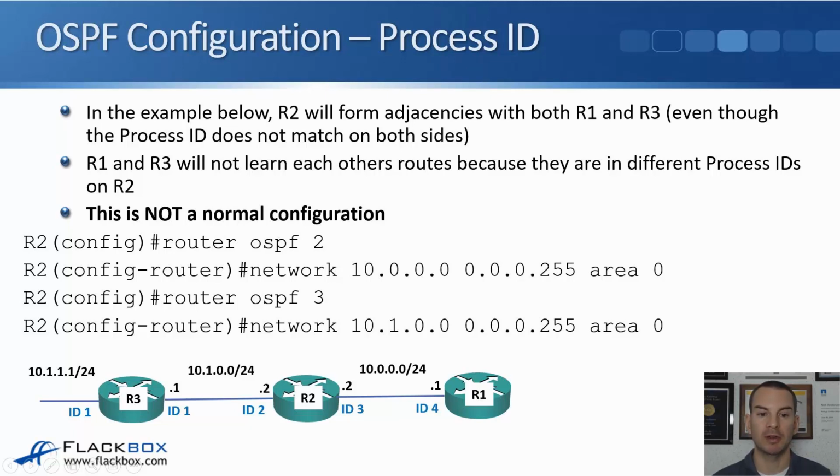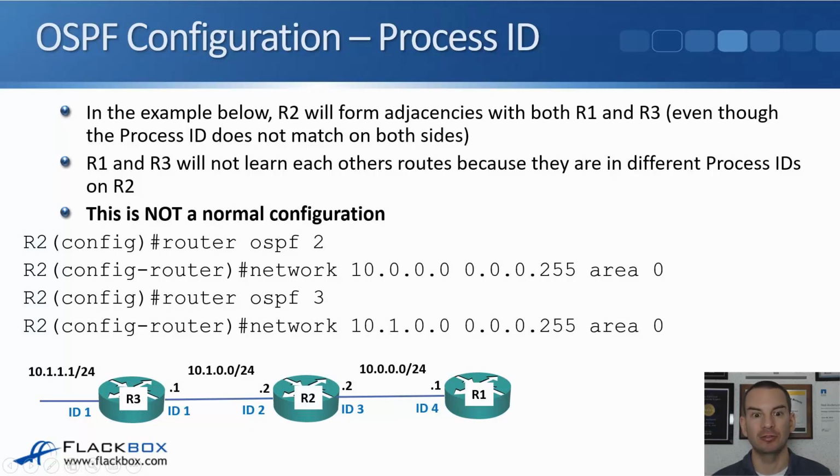The way we would configure this is on R2, we say router OSPF 2 at global config, and then network 10.0.0.0, the wildcard mask 0.0.0.255 area 0. And then for the other interface, we say router OSPF 3 and network 10.0.1.0. Okay, so that's how you can have different processes for OSPF running on the same router.